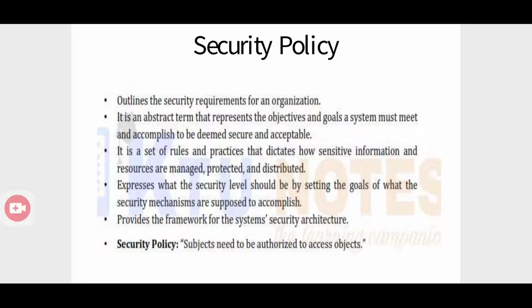Actually, security policy means subjects need to be authorized to access the objects. That is the policy. We have subjects and we have objects for a particular system. If a subject is accessing an object, there is a need of authorization. So if subjects need to be authorized to access the object, that is the policy behind that system. Clear?